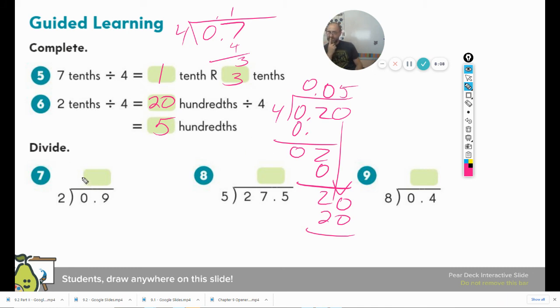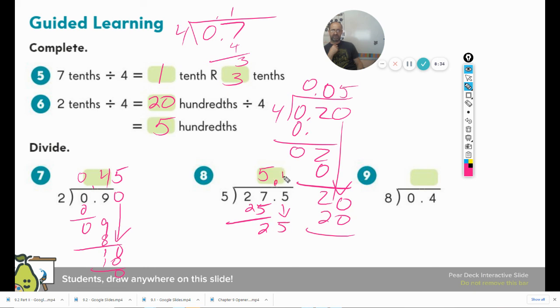Down here, 0, 0, 0. Bring down the 9. 2 goes into 9 4 times. Get another 0. 2 goes into 10 5 times. 5 times 2 is 10. Boom. 5 doesn't go into 2. 5 goes into 27 5 times. Bring down the 5. Keep your decimal here. 5 goes into 25 5 times.